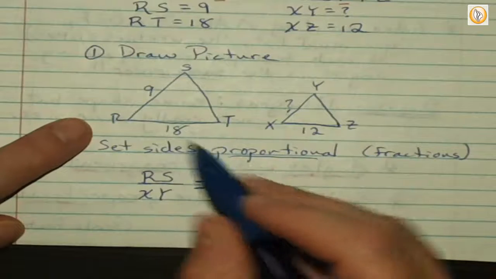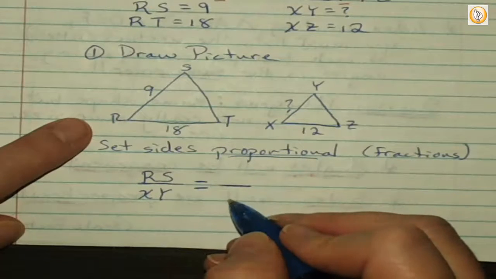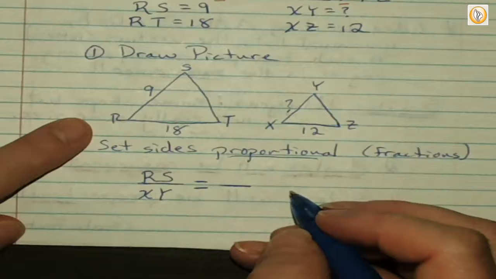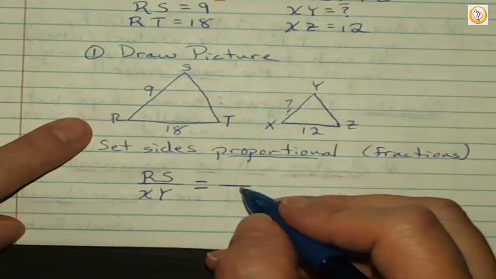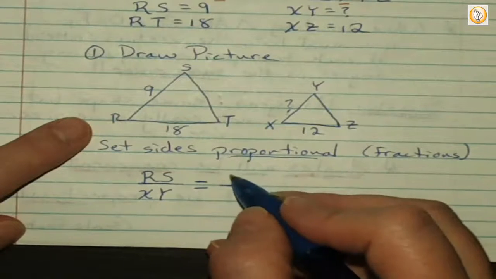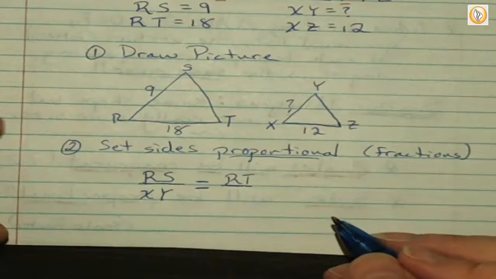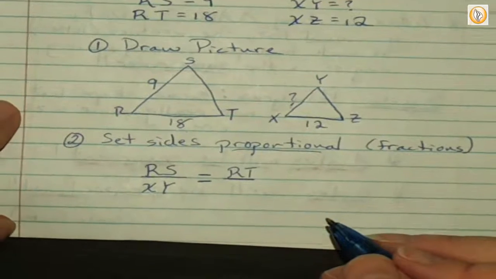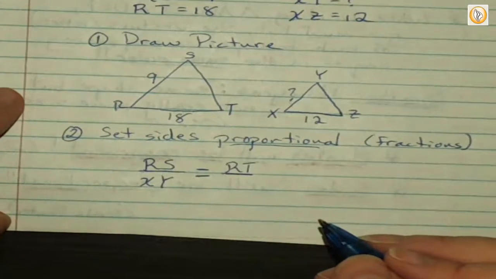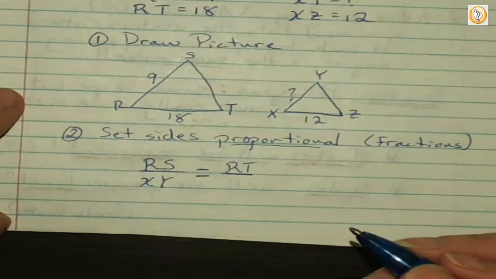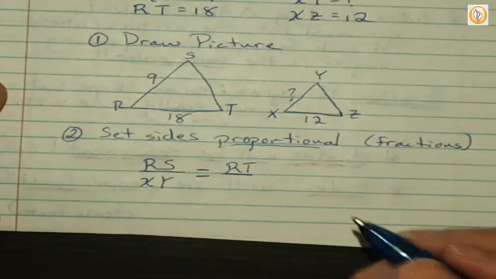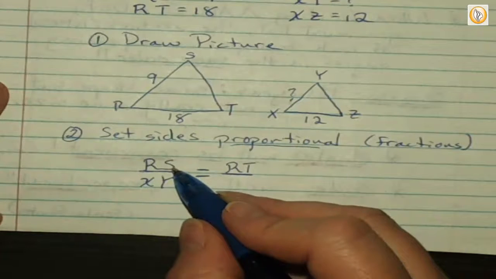So we're going to compare it to the two sides that we have measurements for. RT, do I put that on the top or the bottom, Joanne? You put that on top. Okay, why do I put it on top? Because that's where RS is. And RS is which triangle, big or small?